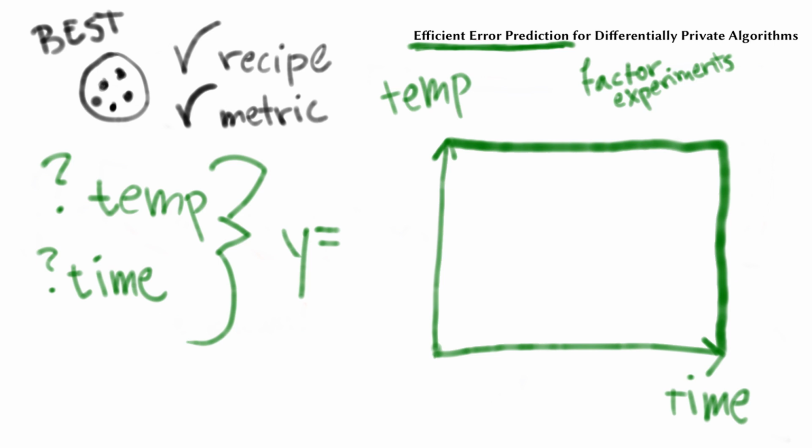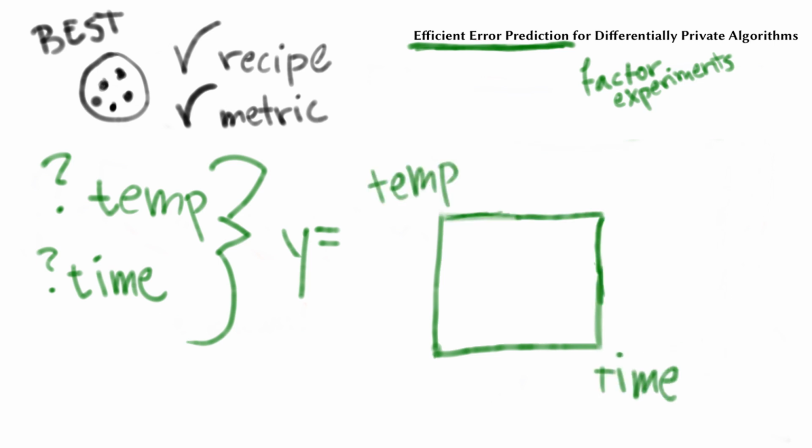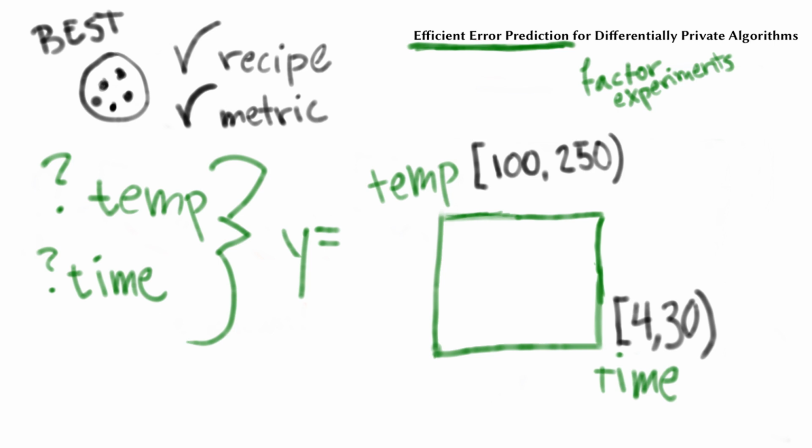So we'll be able to reduce our space to only include relevant combinations. We might end up with temperatures in the range of 100 to 250 degrees Celsius and time in the range from 4 minutes to 30 minutes. Then, with a step of 10 degrees and 1 minute respectively, this gives us 15 times 26 combinations, which results in 390 experiments that we need to run.